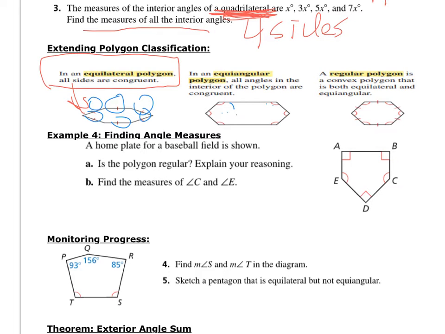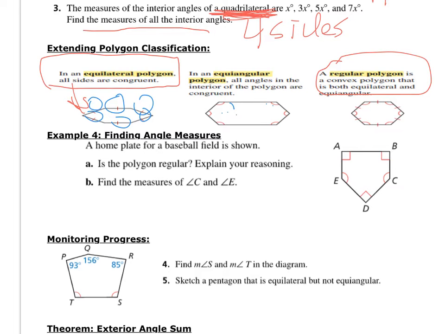Well, last semester I did introduce this word here, regular. We have talked about it in class before. I kind of jumped the gun one day and introduced it. But anytime we say a polygon is regular, that means that the polygon is both equilateral and equiangular. And this is really, really important.